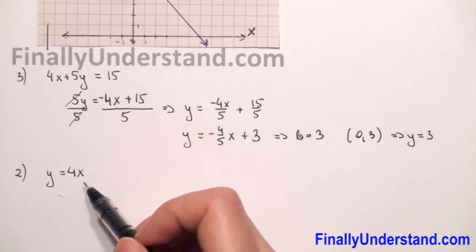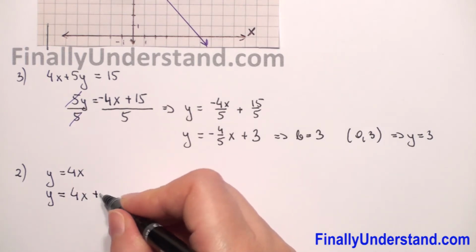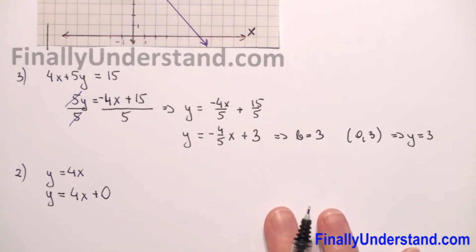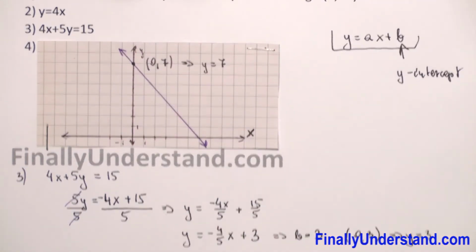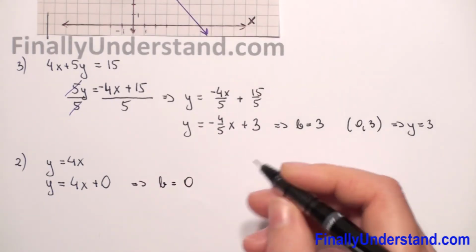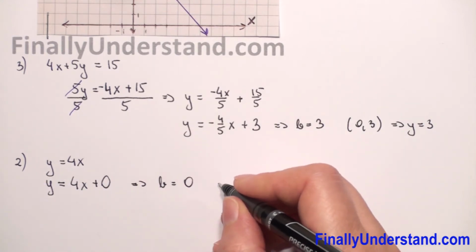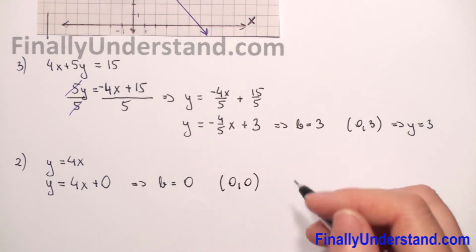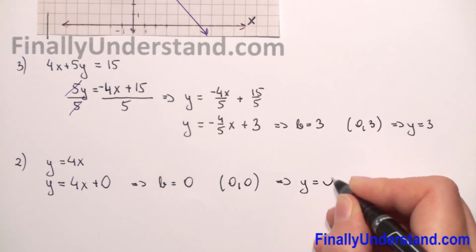Because we have only y equals 4x, we can rewrite that as y is equal to 4x plus 0. I didn't change anything, and now you see that the value of the y-intercept is 0. b is equal to 0. So our function y equals 4x passes the y-axis at point (0, 0), and we have y equal to 0.